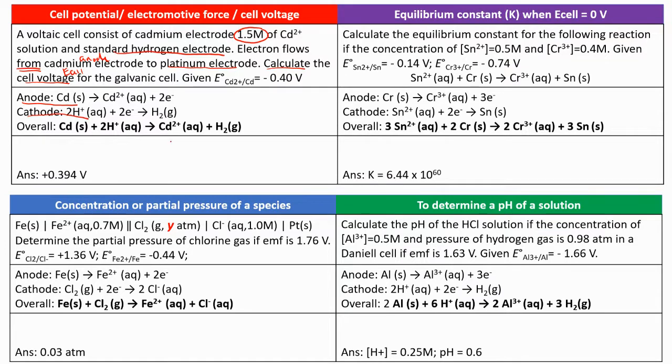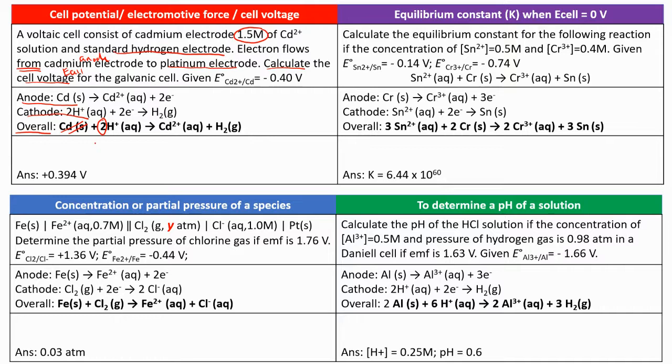Before we substitute into the Nernst equation, we need to get the balanced overall cell equation because we want to see if there's any coefficient. Another one is we need to determine the product and the reactant and also the phase. Solid means we are not going to include it. So we only have species that are aqueous and gas.